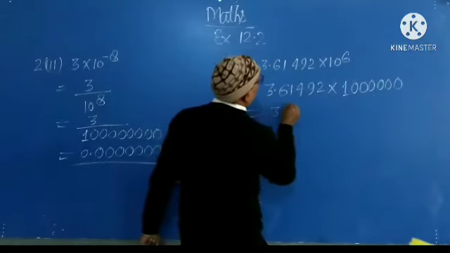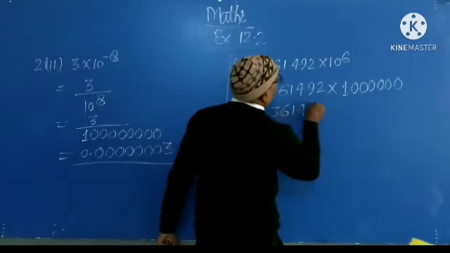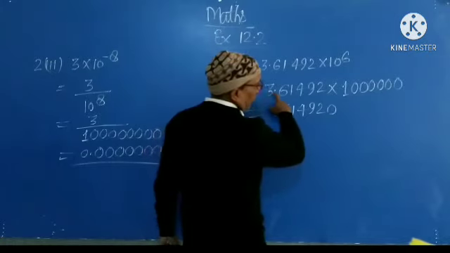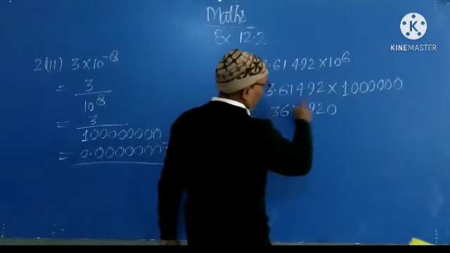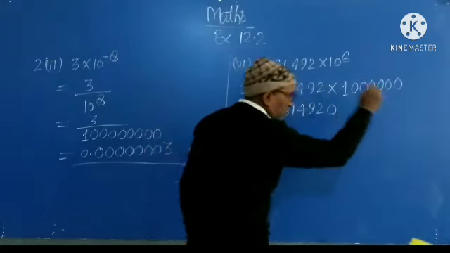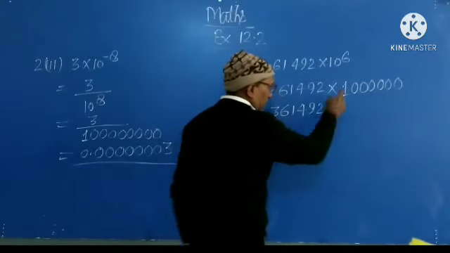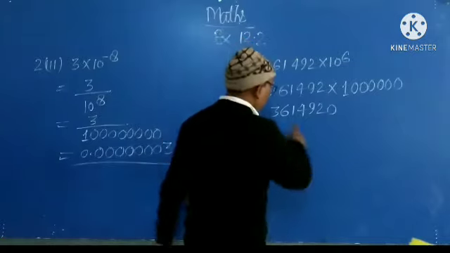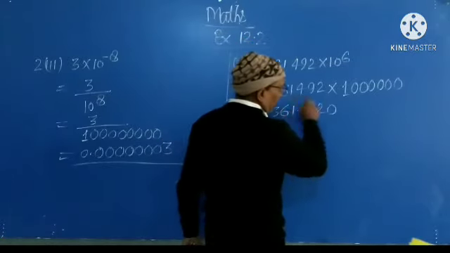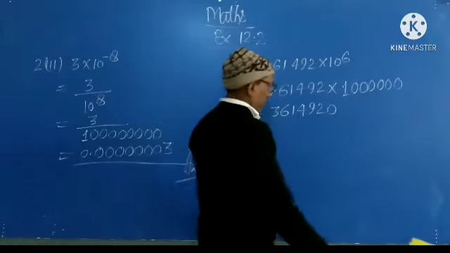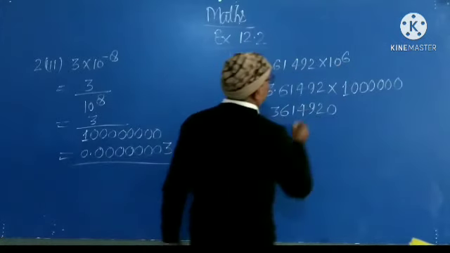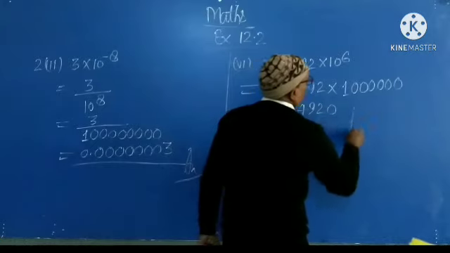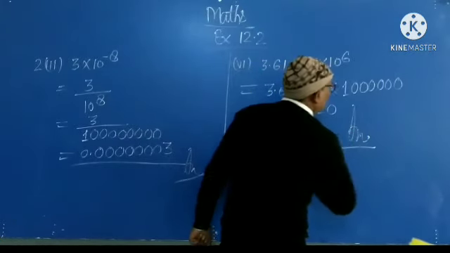You get 3, 6, 1, 4, 9, 2 and then zeros. The decimal is shifted 6 digits to the right, so you extend with zeros where needed. This means the value of this expression is 3614920. It is your answer.